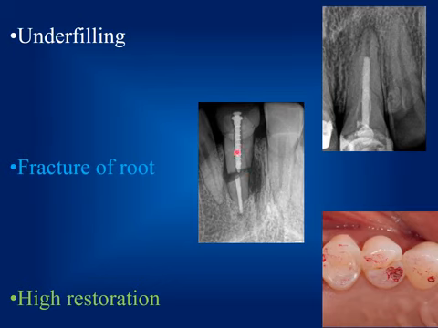When it is more coronally, we can remove the fractured part, place a screw or fiber post, and build it up. In the apical region, we may remove the apical fractured area by apicectomy and leave the rest of the tooth.